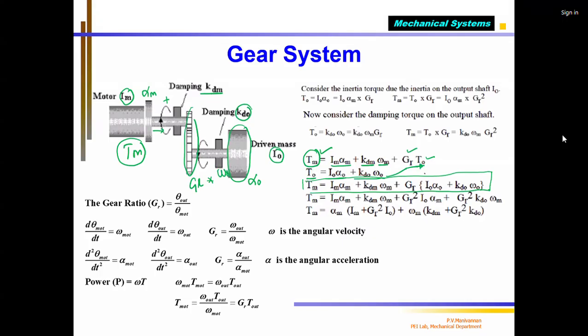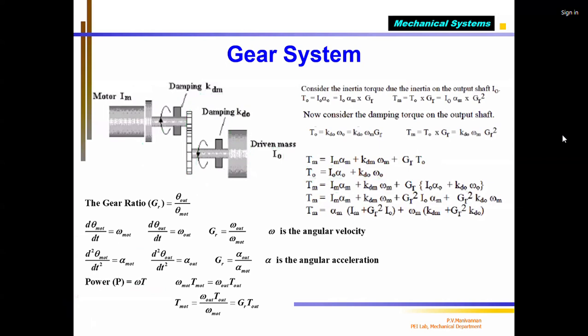If you substitute that, this equation becomes Tm equal to alpha m terms. Now what I can do is rewrite Tm equal to Im into alpha m, Kdm into omega m, and GR. See, already we have GR square here, right?